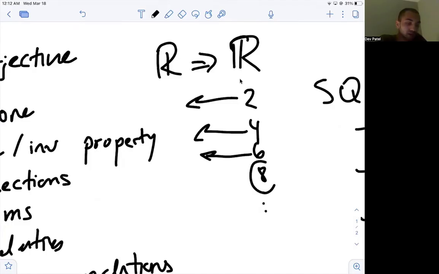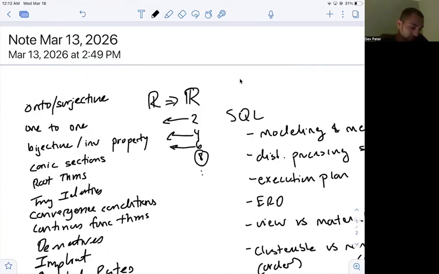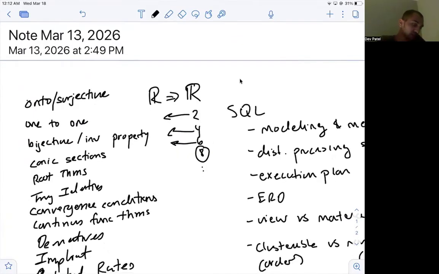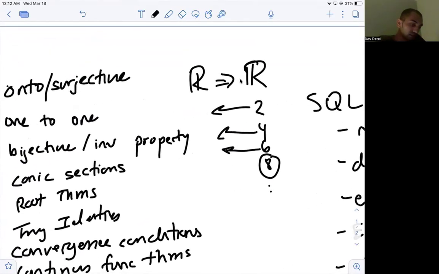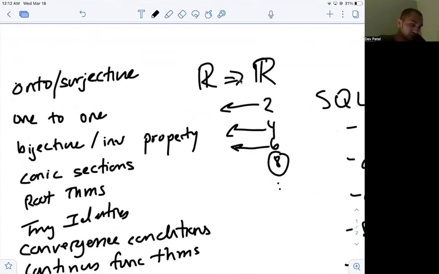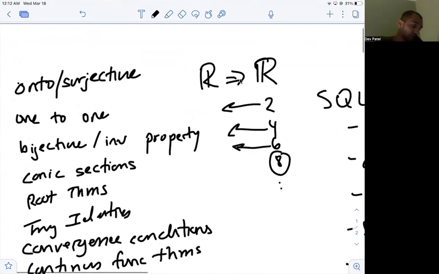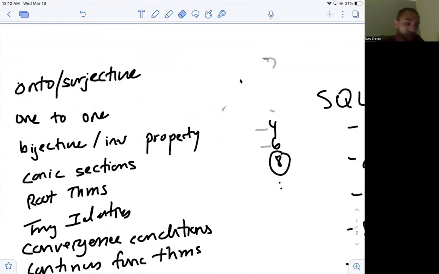If we have a value in the possible range that cannot be generated, that is not mapped to an input, then that is not onto. That's what onto is. Every single value in the range should map to an input.